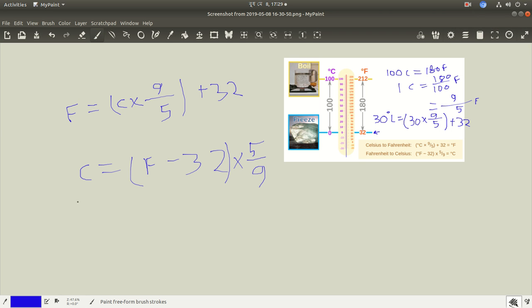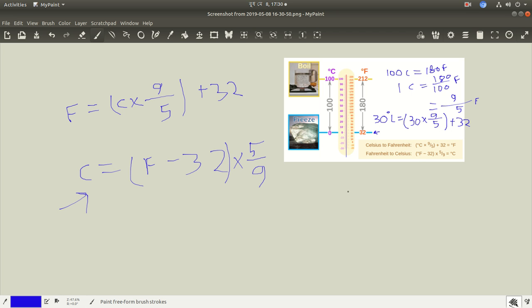But if you say that you want to understand how this formula came about, you can use a similar process here. You see that 180 scale in Fahrenheit is 100 scale in Celsius. So 180 scale in Fahrenheit equals 100 scale in Celsius.